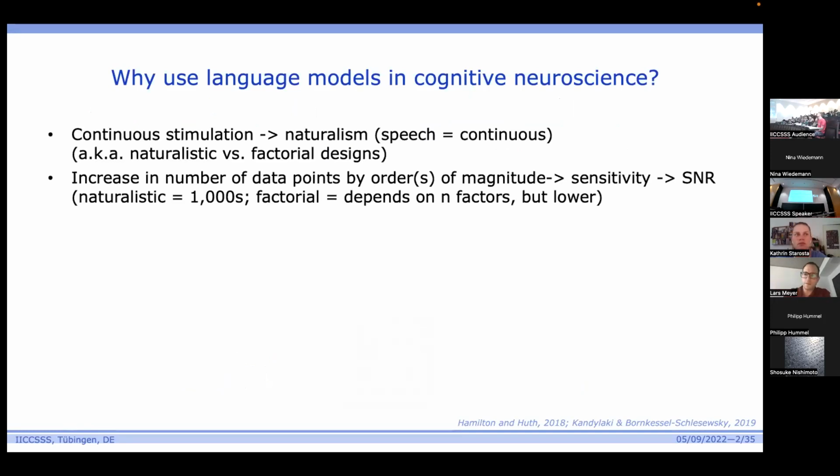The first reason this all came around was people worrying about limited statistical power. Cognitive neuroscientists, and in particular people working on language, have been using factorial designs for 40, maybe 45 years in EEG studies, and then the first MRI work came out in the late 80s, early 90s.